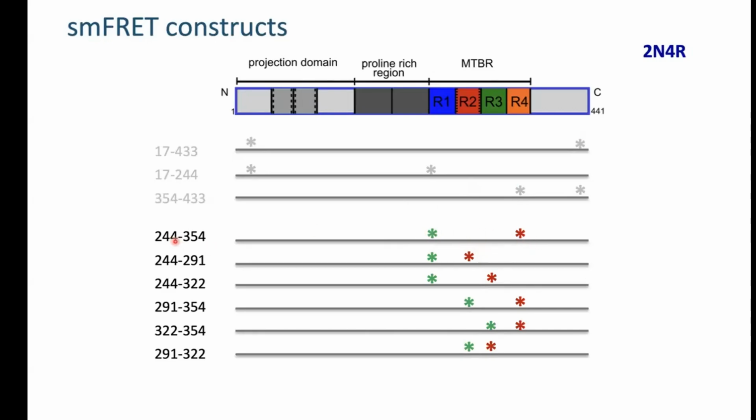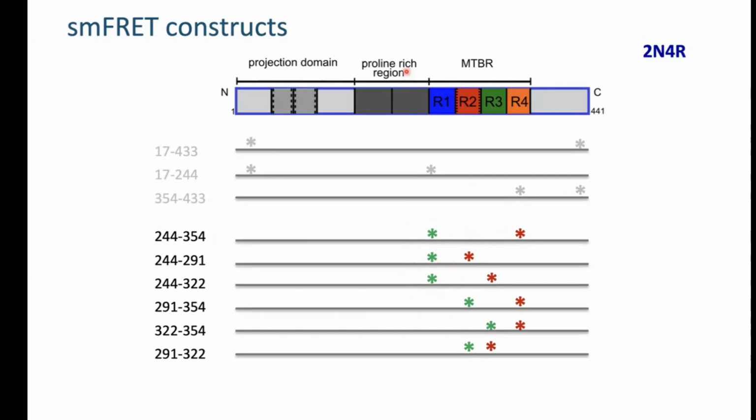For example, this first one spans almost all this domain, and the others look for the distance between each of the repeats. It's really important to keep some of the labeling positions in place and just change the other, because you need to create some kind of triangulation to then have an idea of the protein in 3D.